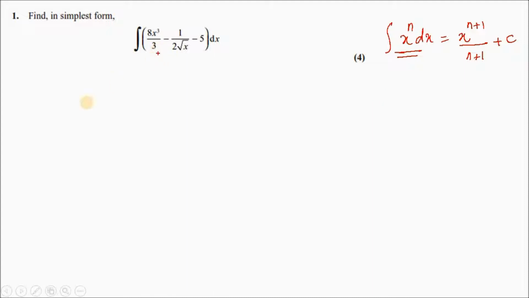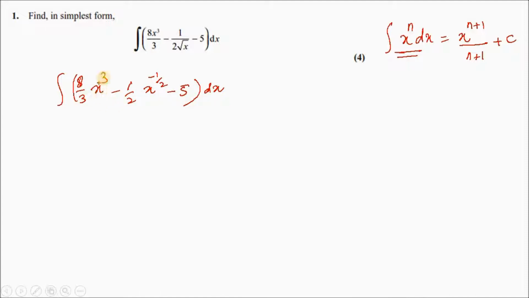So now we are simplifying. 8 upon 3 x cube minus 1 upon 2 x to the power minus half, I just sent root x to the numerator, and minus 5, this is dx.